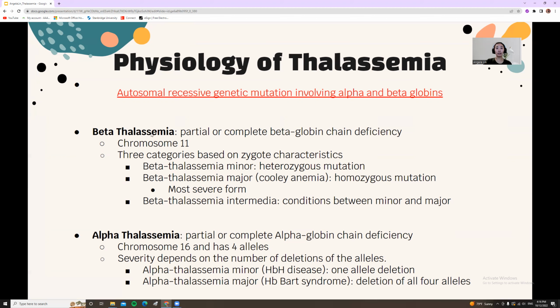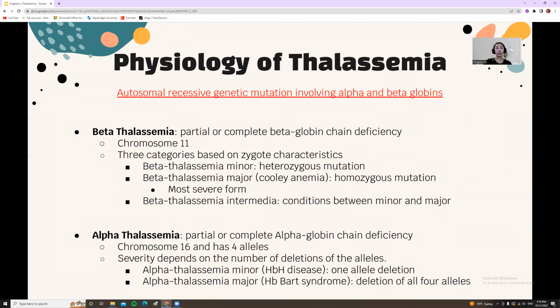So for beta thalassemia, this refers to when there's either a partial or complete beta globin chain deficiency. This is due to a point mutation, which is when only one nucleotide is replaced by another nucleotide. Beta globin genes are present on chromosome 11, and there are three categories within beta thalassemia that is based on zygote characteristics.